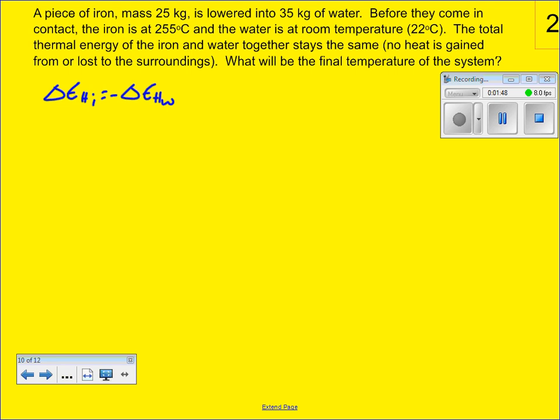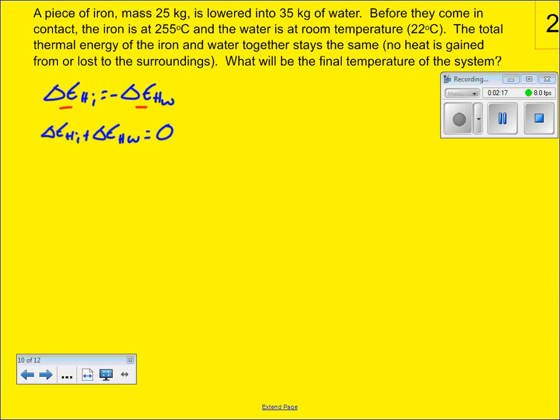All this is saying is whatever happens to the iron, the opposite is going to happen to the water. An easier way to do this calculation is to say delta E_H iron plus delta E_H water equals 0. And both of these illustrate the point that the heat change of the water has to be negative that of the iron.